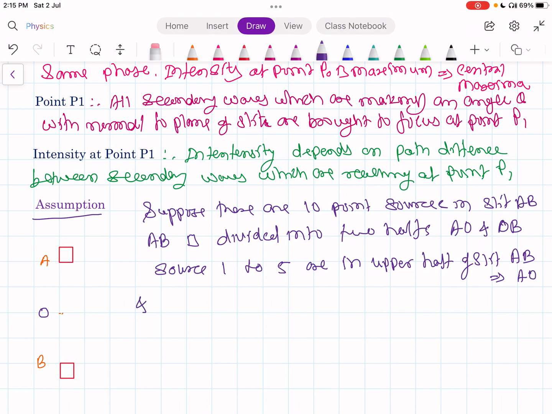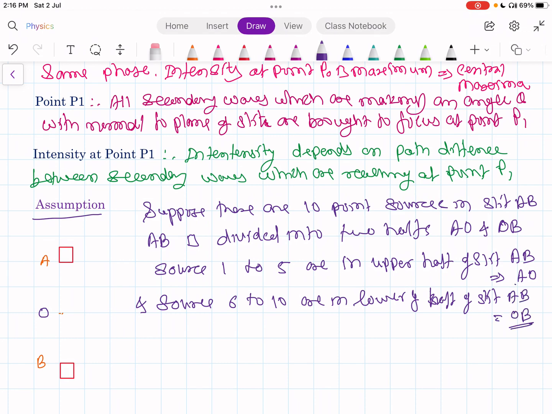And source 6 to 10 are in the lower half of slit AB. That is OB. So in OB there are 5 point sources, and in AO also there are 5 point secondary sources.